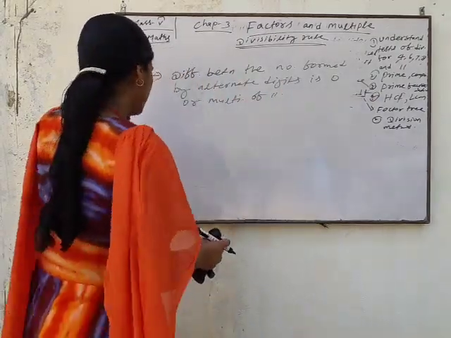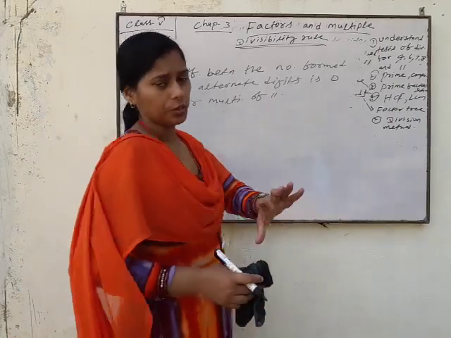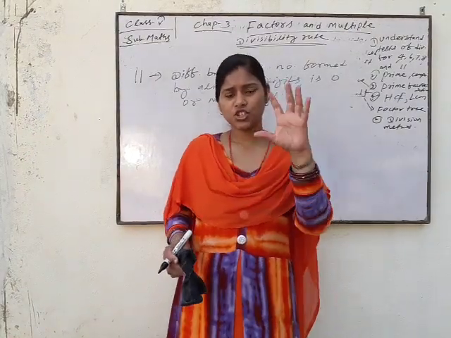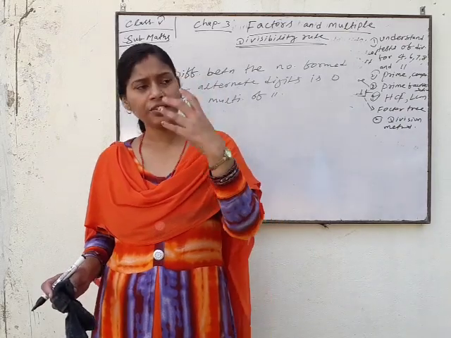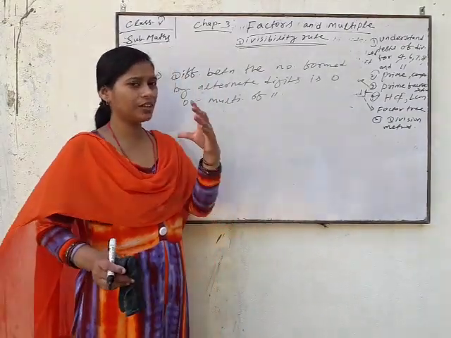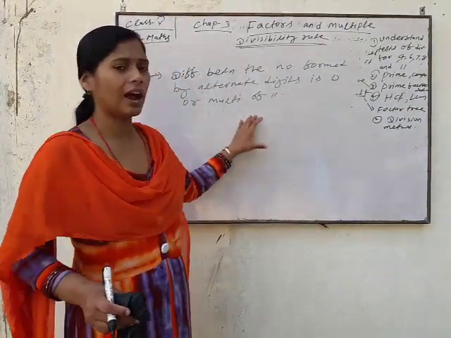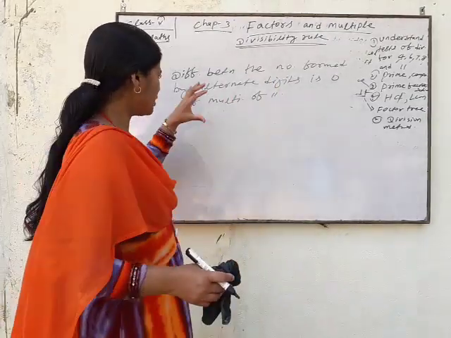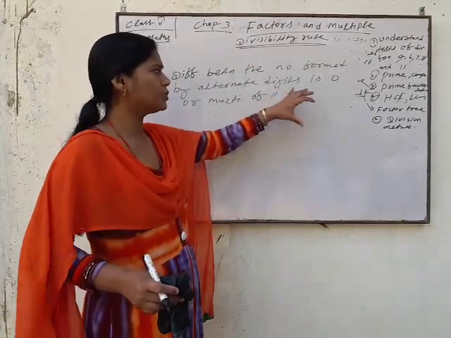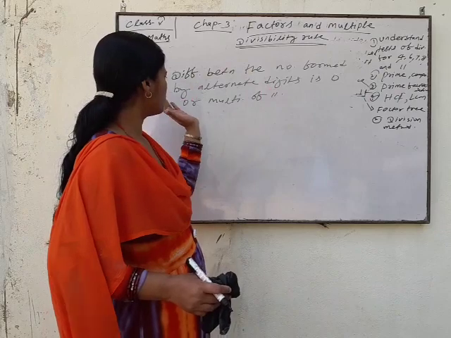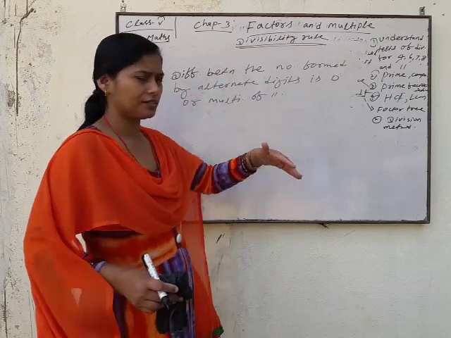It means the difference between the sum of the digits at even places and the sum of the digits at odd places is 0 or a multiple of 11. That you may say your alternate digits.